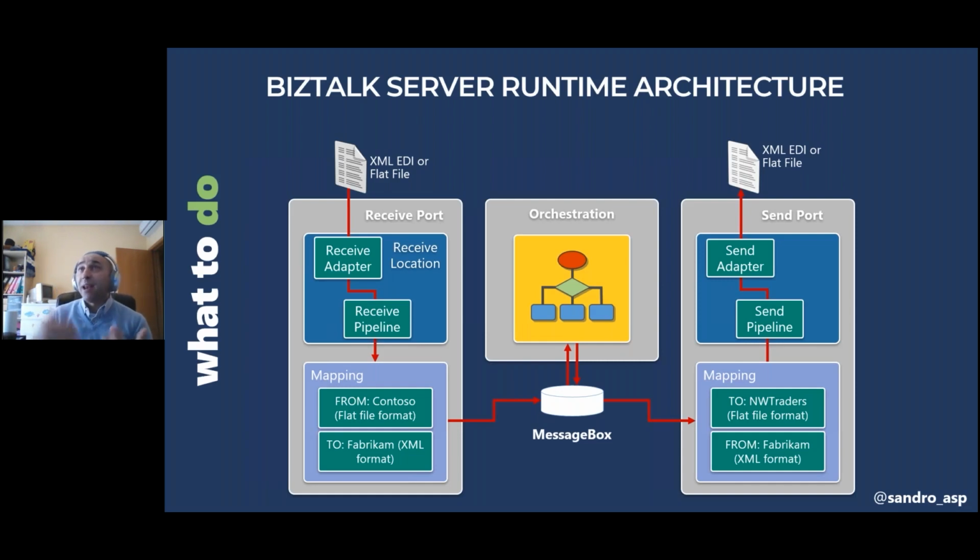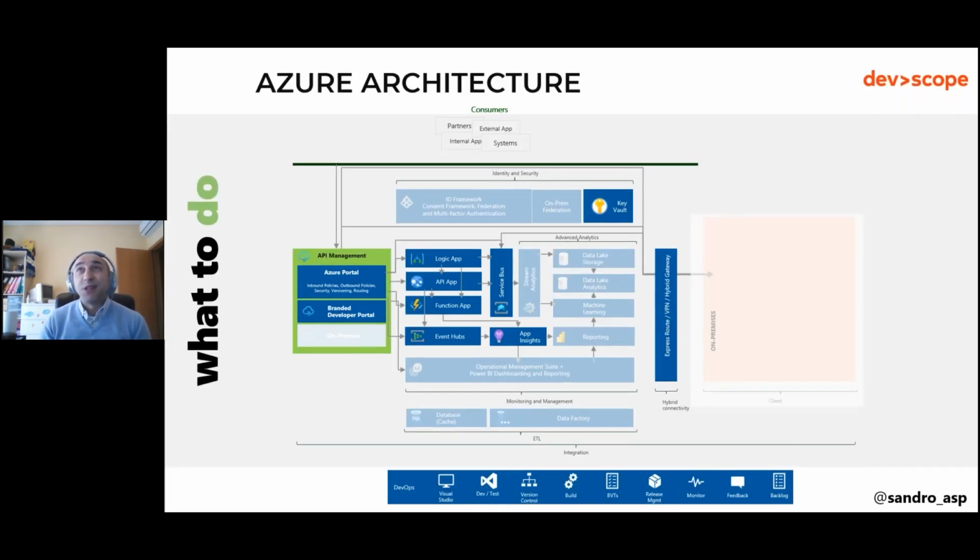From there, it can be subscribed to by an orchestration, do some business logic, go back to the message box, and do the opposite side with the send port. You have all the services there. And we need to change to this: API Management, Logic App, API App, Function App, Event Hub, Service Bus, and we're missing a lot of them here, okay? So we have to have a good plan.